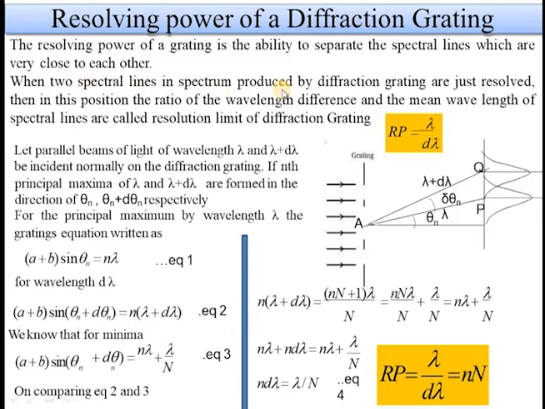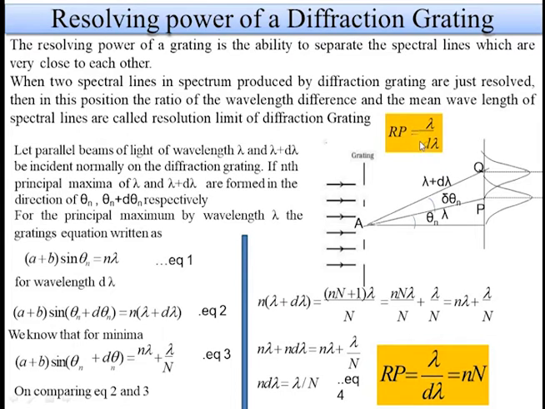When two spectral lines in the spectrum produced by the diffraction grating are just resolved, then the ratio of the mean wavelength of the spectral line and the wavelength difference is called the resolving power of the diffraction grating. So Rp is lambda by d lambda.